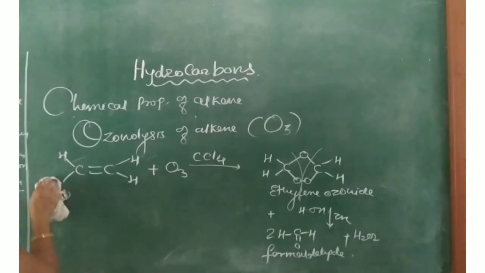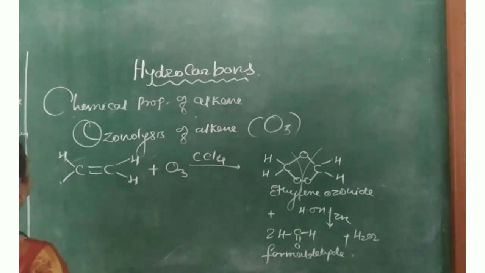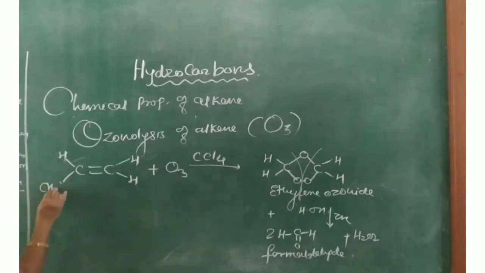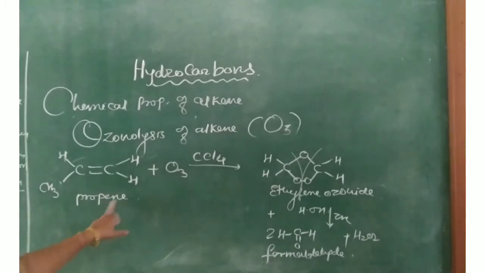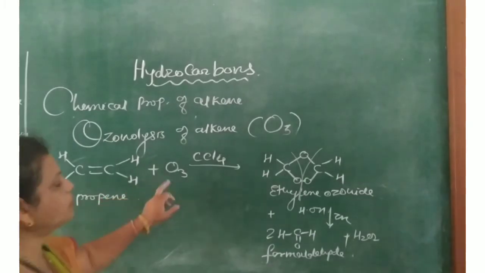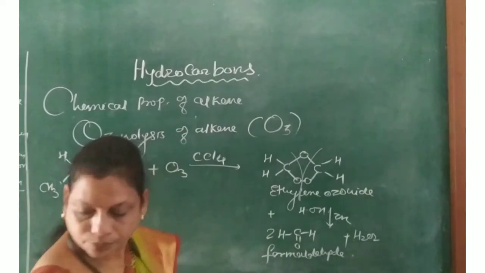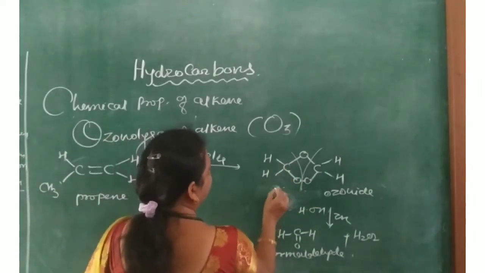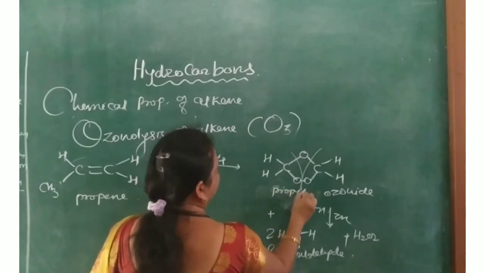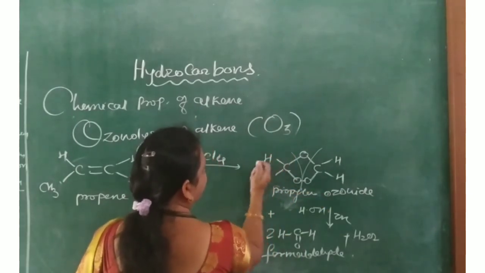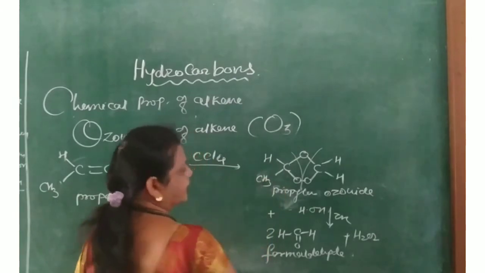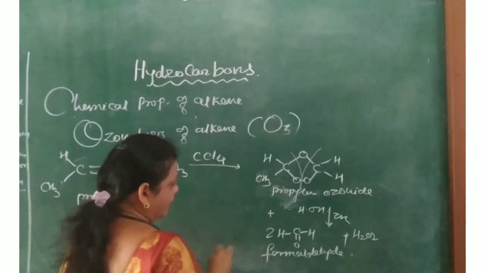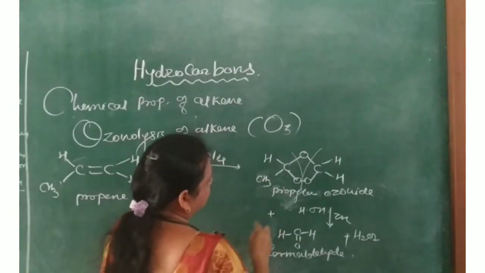Next example of ozonolysis: instead of ethene, propene or propylene. Propylene on ozonolysis gives propylene ozonide, where instead of this H there is CH3.